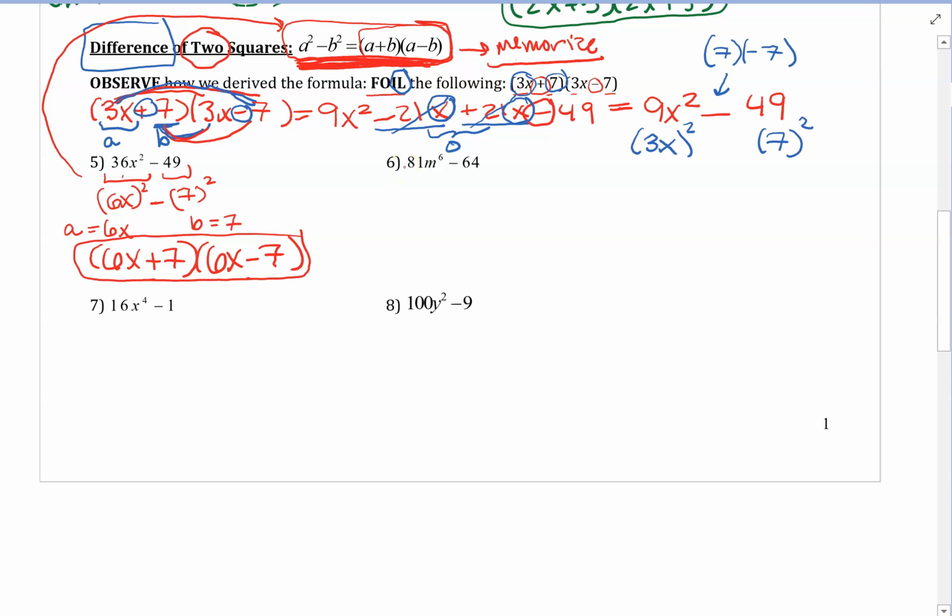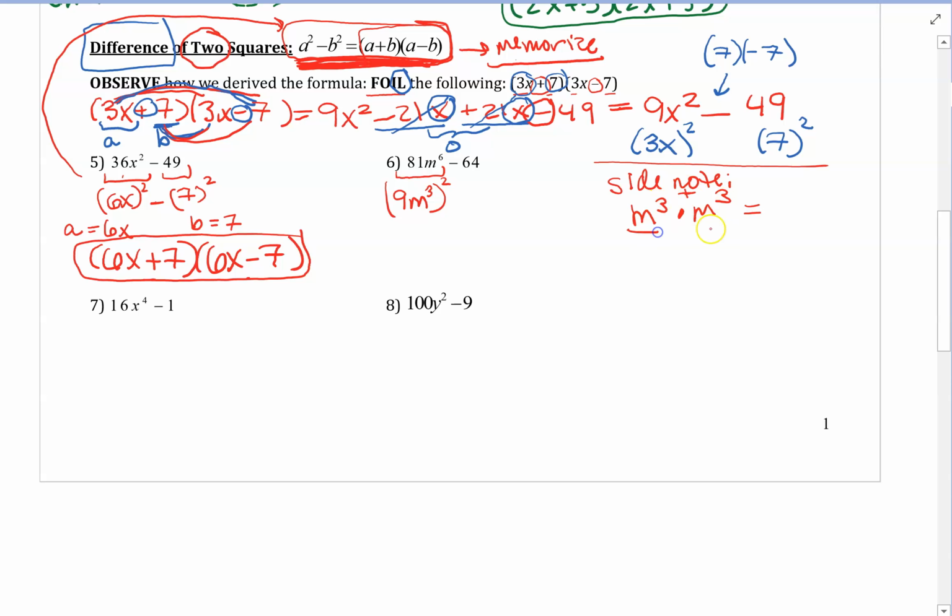6 is a little bit different because the m is not squared, it's to the 6th power. But the 6th power itself is a perfect square. I can think of this as 9m cubed squared. And just as a quick little side note, if I multiply m cubed times itself, which is what it means to square something, I add those powers.